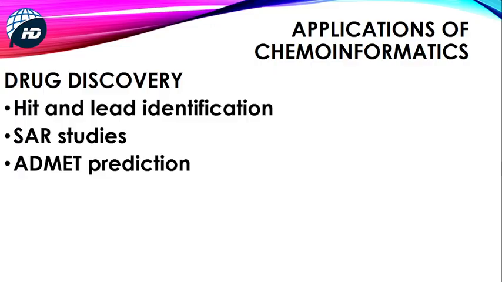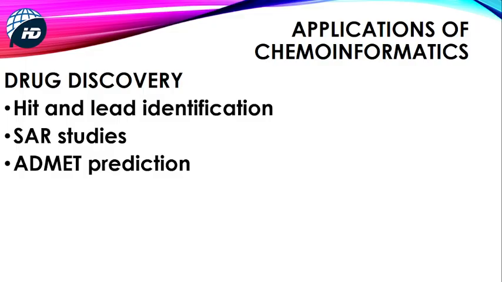We identified a hit, which is ajoene, but this ajoene had a high level of skin sensitization and eye irritation. That means that we cannot proceed with that study, because I used my chemoinformatics to study the toxicity of these compounds.